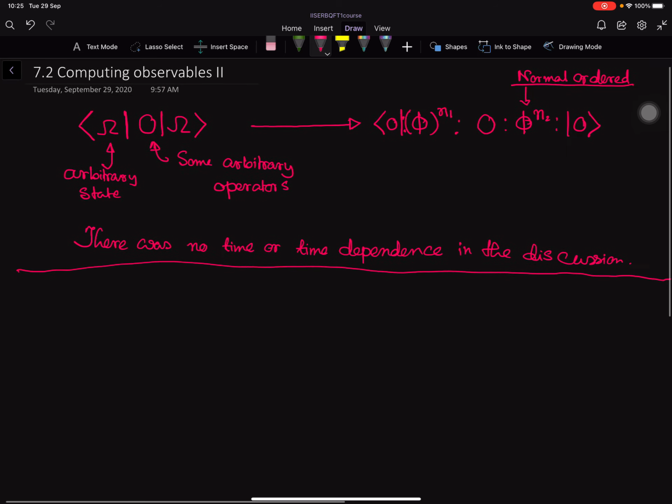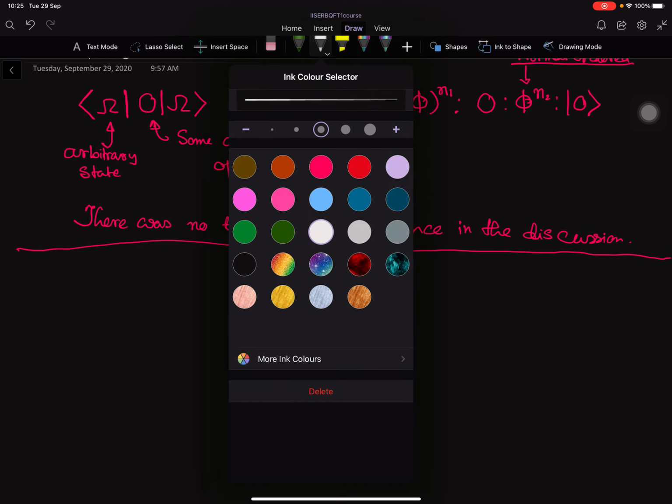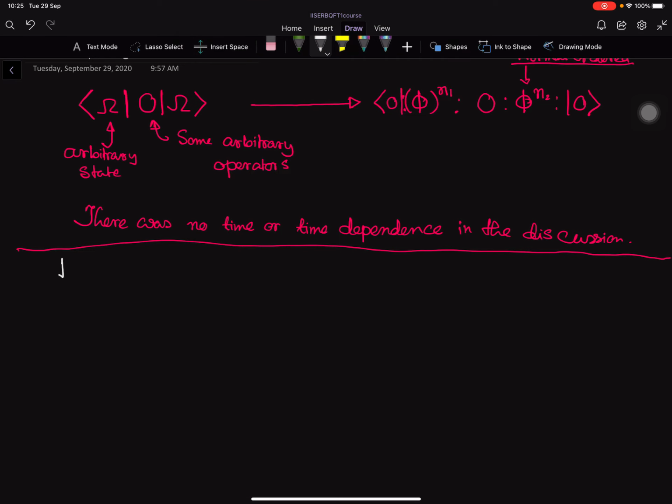We will briefly discuss time and then go back to the general discussion again. Throughout the quantum field theory course, we will be using the Heisenberg picture. Well, not throughout, it will be either the Heisenberg picture or the Dirac picture, but they are the same for free theory.